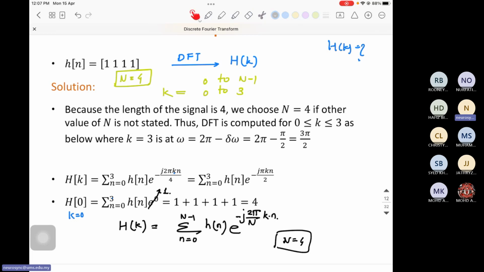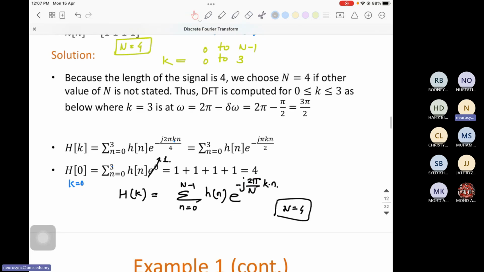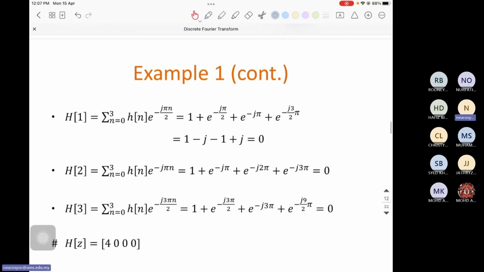So can you calculate H of 1 here? What is the value for H of 1? If I put k equal to 1 here, this is e to the power j pi n by 2, and this is h of n.